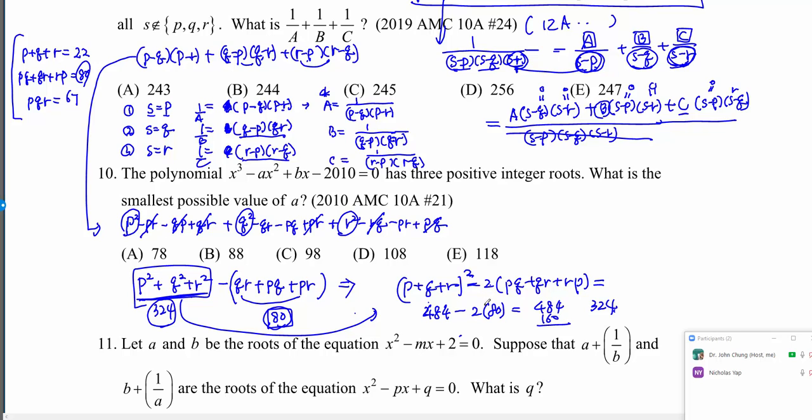PQR minus this into minus PQ, that's correct.